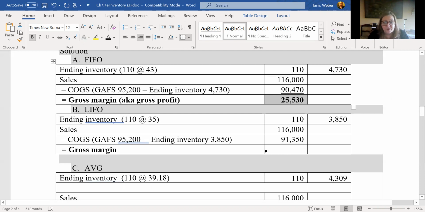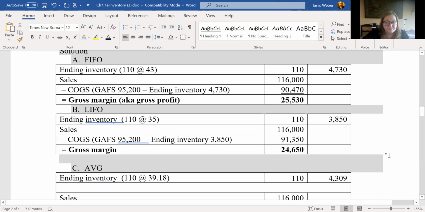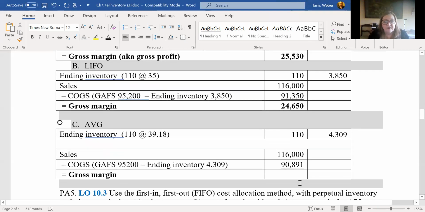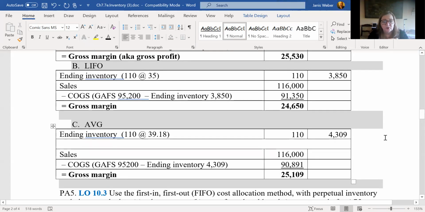And then for LIFO, 116 minus 91,350 gives us a gross profit of 24,650. And then under the average method, 116 minus 90,891 brings us to a gross margin or gross profit of 25,109.